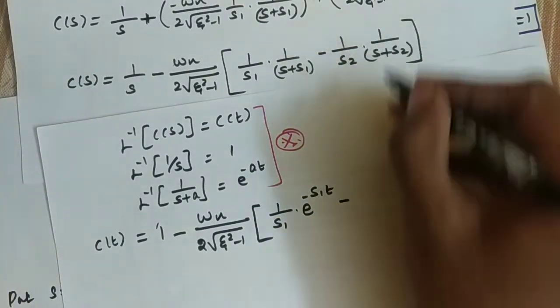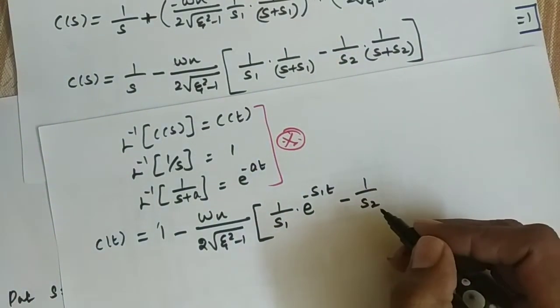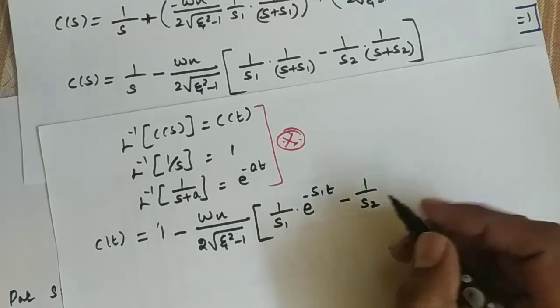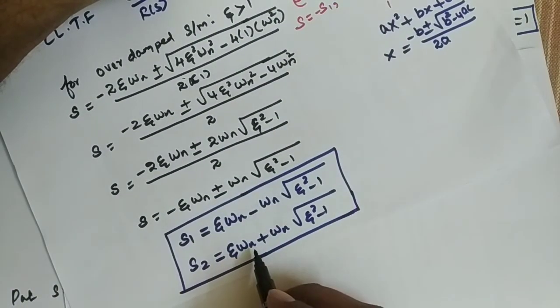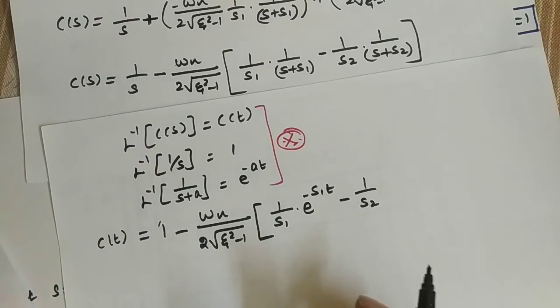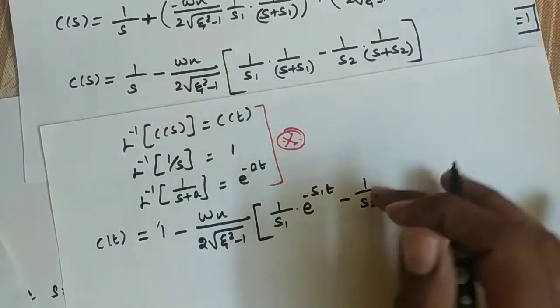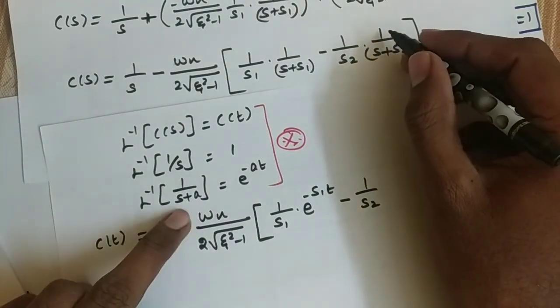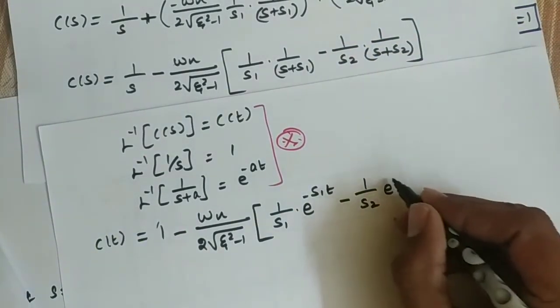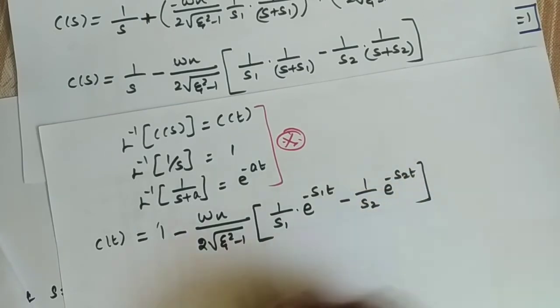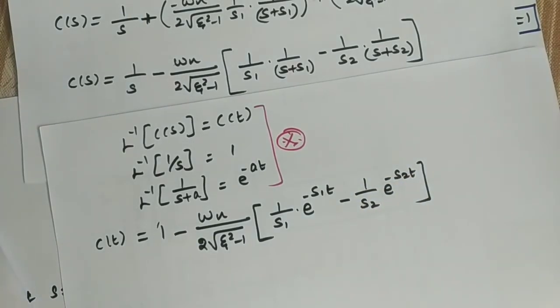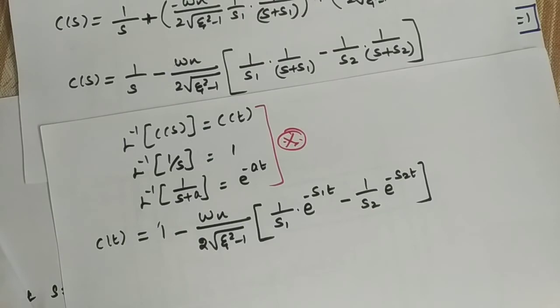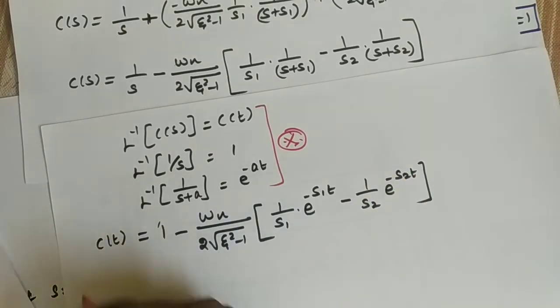Minus 1 by s2 stays 1 by s2, because we already saw that s2 has only eta and omega n, so these are constant terms. Keep 1 by s2 itself, and this is similar to this equation, so e power minus s2 t. Okay, so this is the time response. This is the time response of what? An overdamped system.